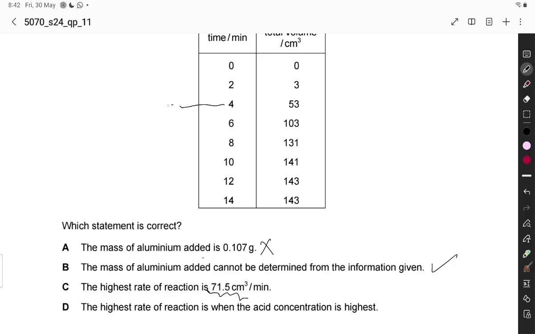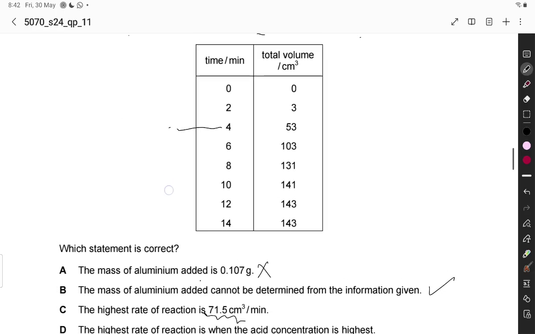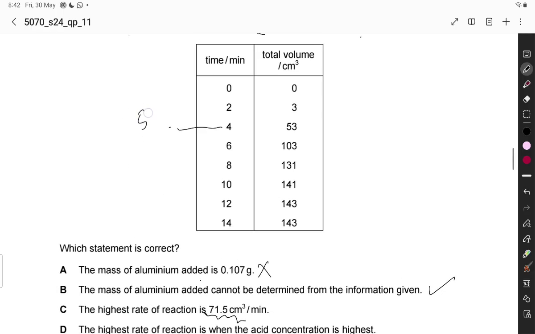Let's check this rate. 53 volume over time, 53 divided by 4. So this rate is 13.